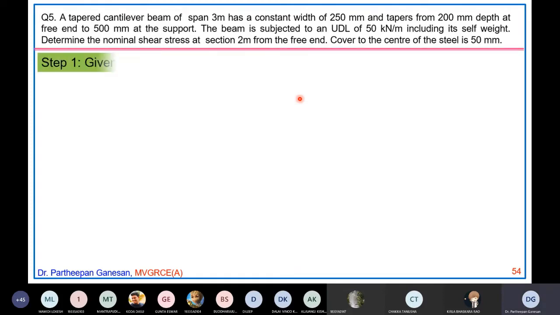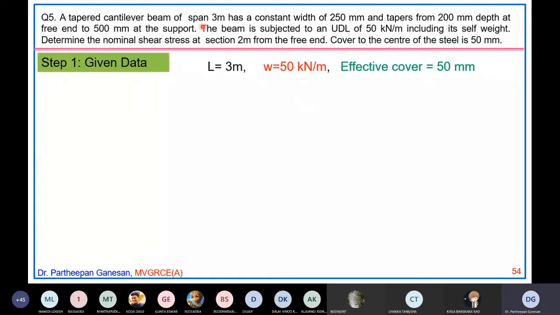So if we do the given data, span is given as 3 meter, and this is not given as effective span, so whatever span is given, that is a clear span. Constant width of 250 mm, and tapers from 200 mm depth at the free end to 500 mm at the support. The beam is loaded with a UDL of 50 kN per meter including the self weight.